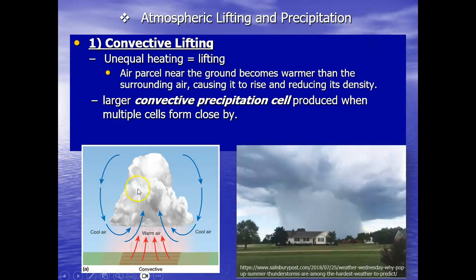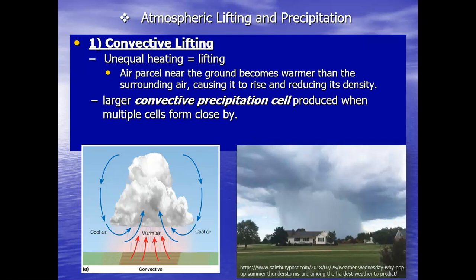And if these air parcels start to join together, here in this picture, we just have a bit of a pop-up storm, which is typical and common in the summer months in the Midwest or in the Southeast, where there's just been so much heating over the course of the day that in the afternoon you can get a release of this energy through precipitation, but it's very localized. However, these convective cells can join and form larger cells.